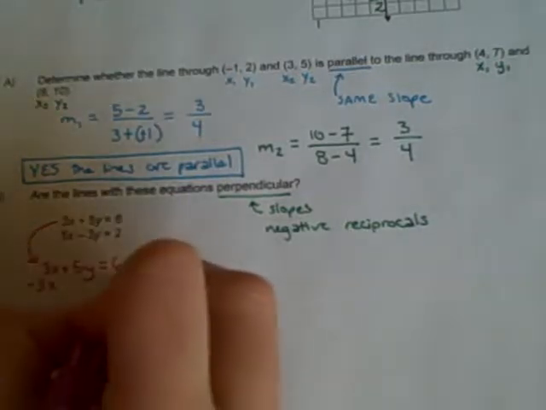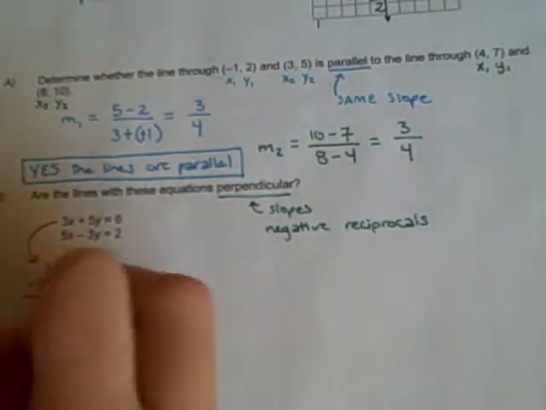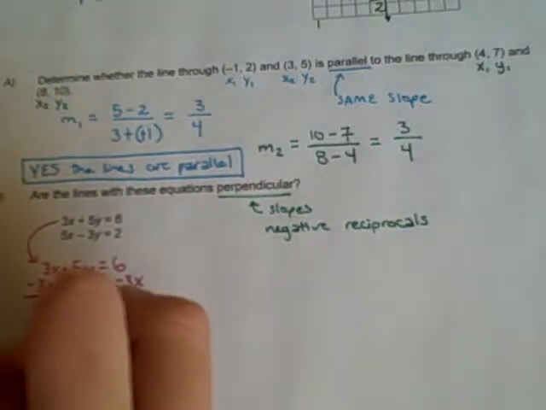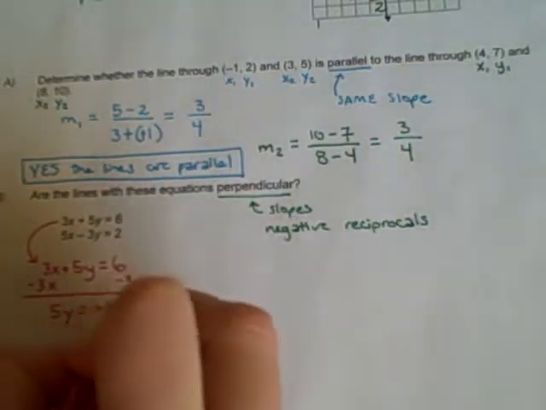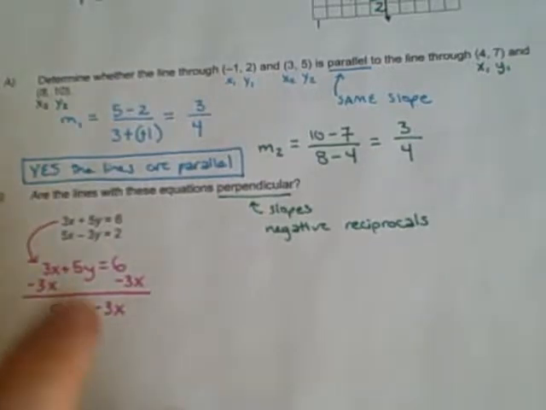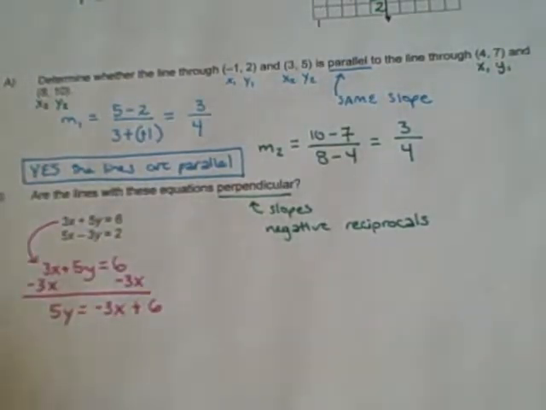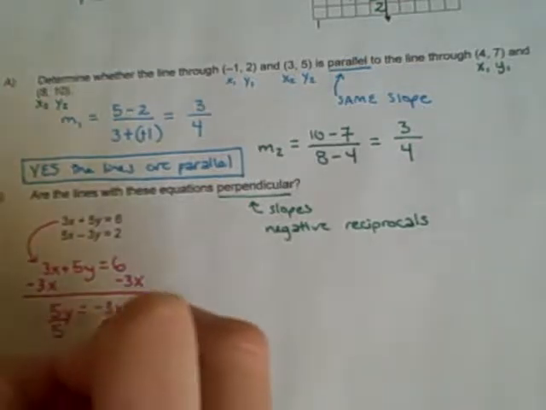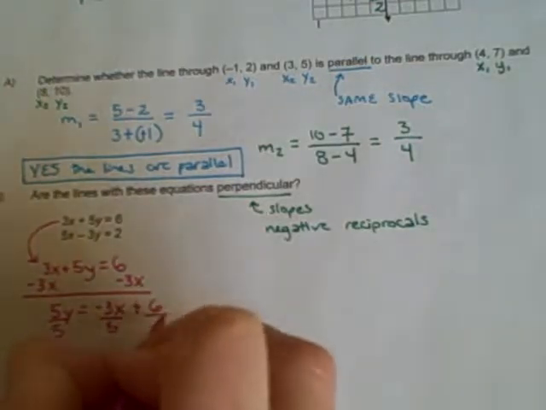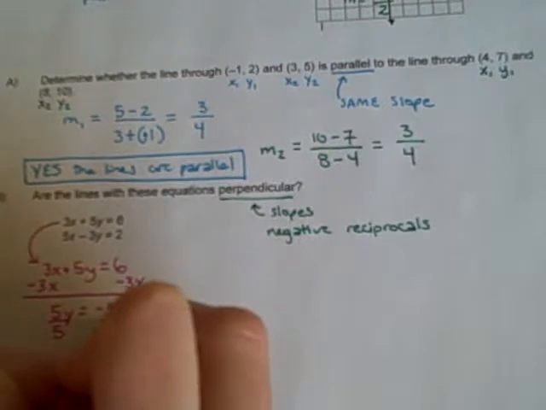So I'm going to move that 3x to the other side. And remember, we write the x term first, so negative 3x and a positive 6 on the right. And now I'm going to divide by 5 to everything in the equation.